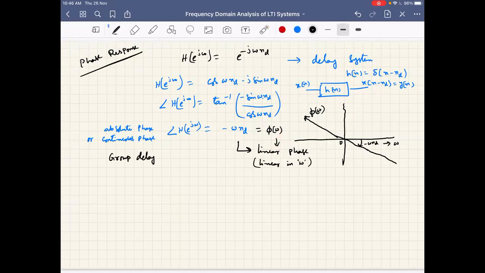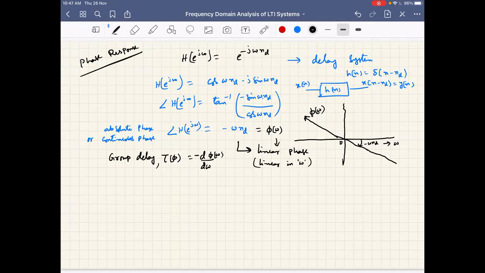To capture the same more effectively, there is another term that is usually used, referred to as group delay. What is group delay? We can denote this group delay with tau of omega, and it is defined as the differentiation of the phase response with a negative sign: minus d by d omega of phi of omega.